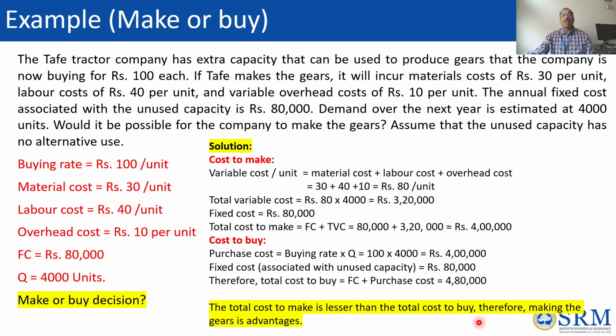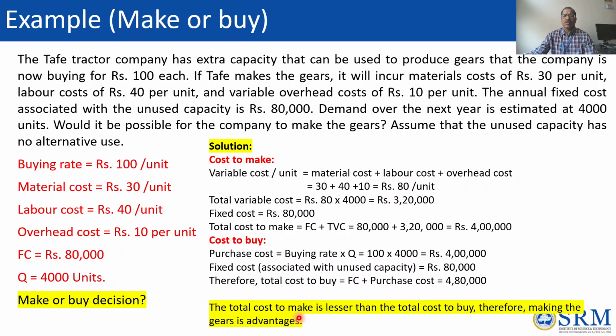So total cost to buy is not 4 lakhs, it is 4 lakh 80,000. If we make, we need to spend only 4 lakhs. But if we buy, even though we are giving 4 lakhs to the vendor, the unused equipment also costs us, so it will lead to 4 lakh 80,000.